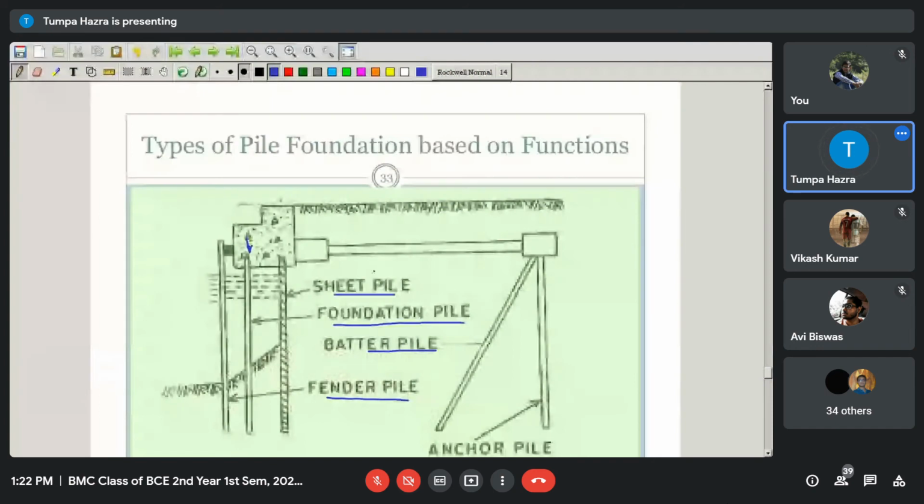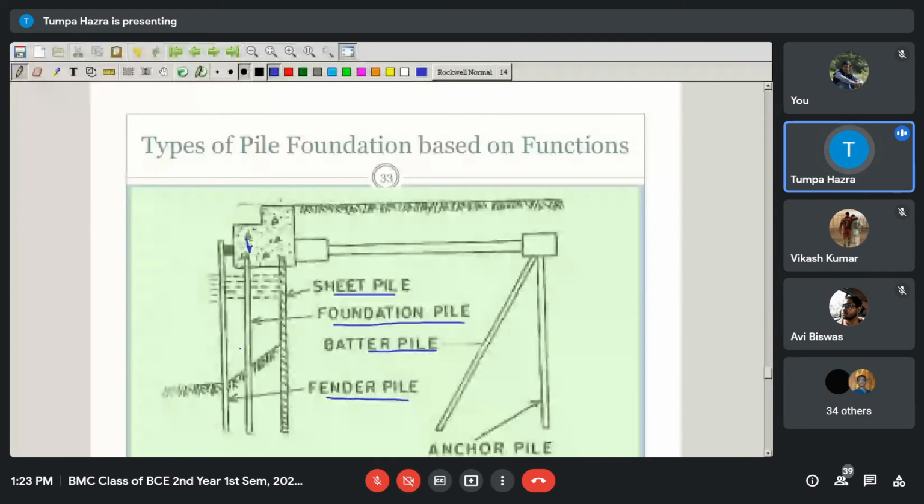This is to protect the deck from the action of ships or barges.